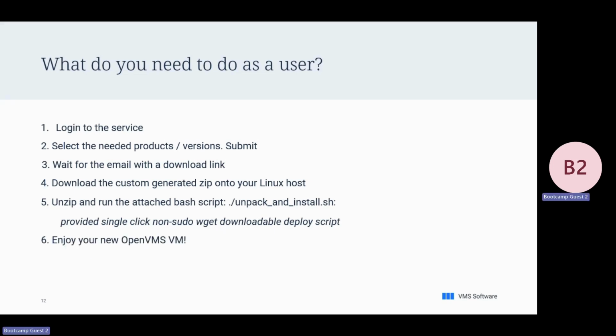And only step 6 is left, which is enjoying your new OpenVMS virtual machine. And changing your system password, because of course this is an automated install, so we have to set some kind of a system password. And don't forget that we're about security, right?